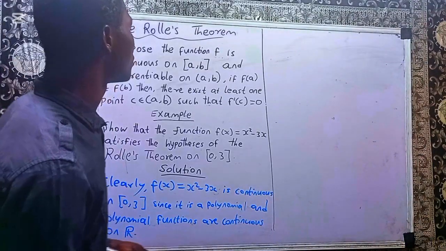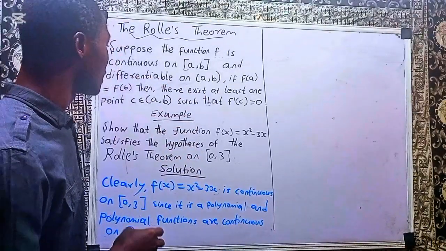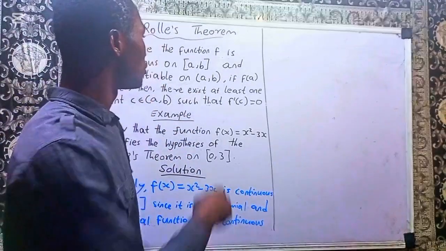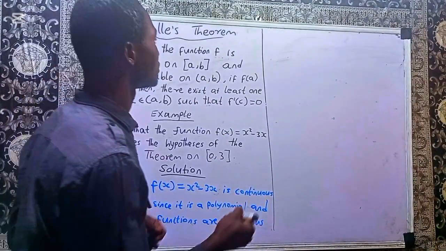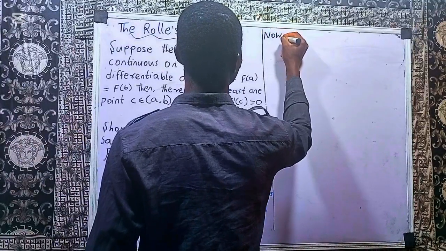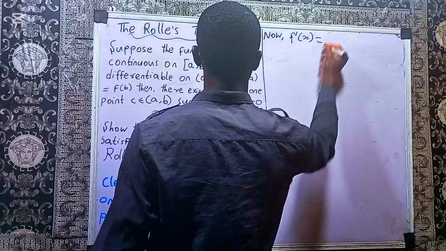So the next thing we have to check, another criterion, is whether it is differentiable on the open interval. Let's differentiate the function. Now, f prime of x.